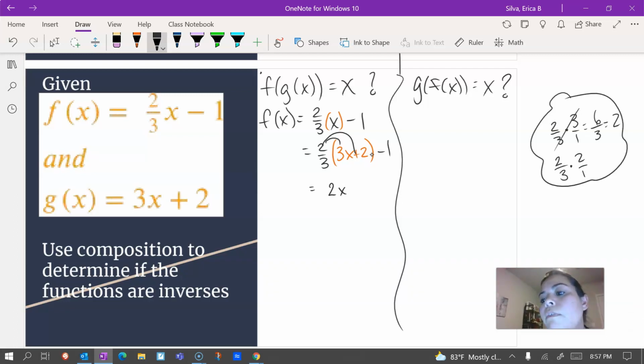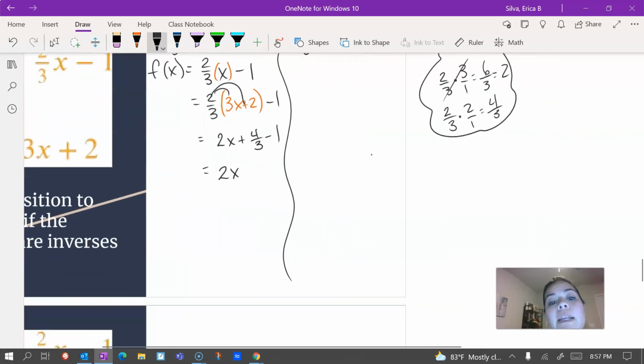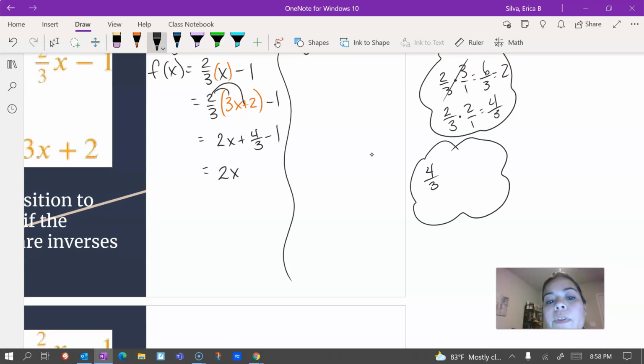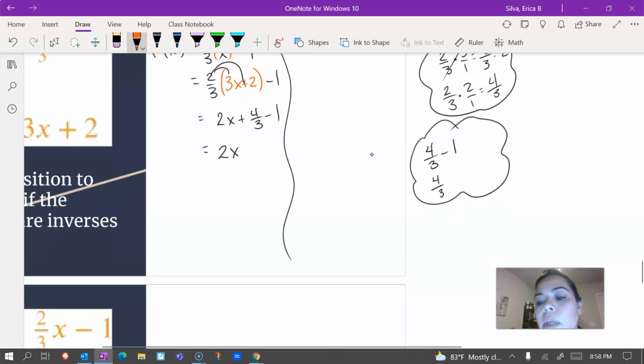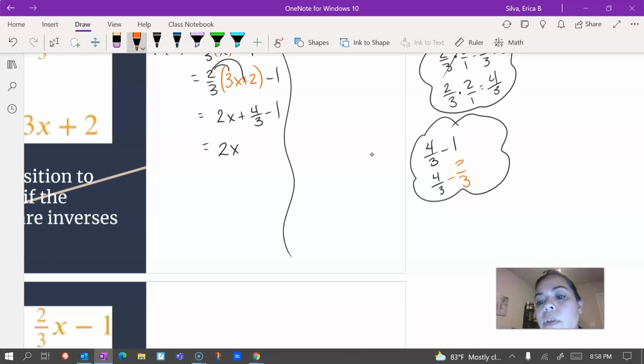2/3 times 2 over 1, we get 4/3, and then we've got minus 1. 2x, and again, another mini lesson on fractions. We've got 4/3 minus 1. That 1, we need to make it a fraction where the denominator is 3, and 3 divided by 3 is 1, so these two are equivalent.